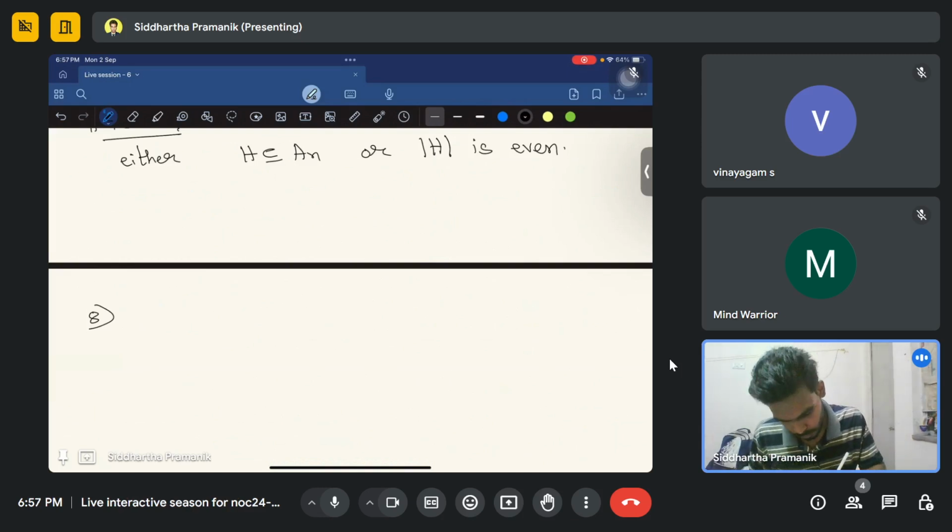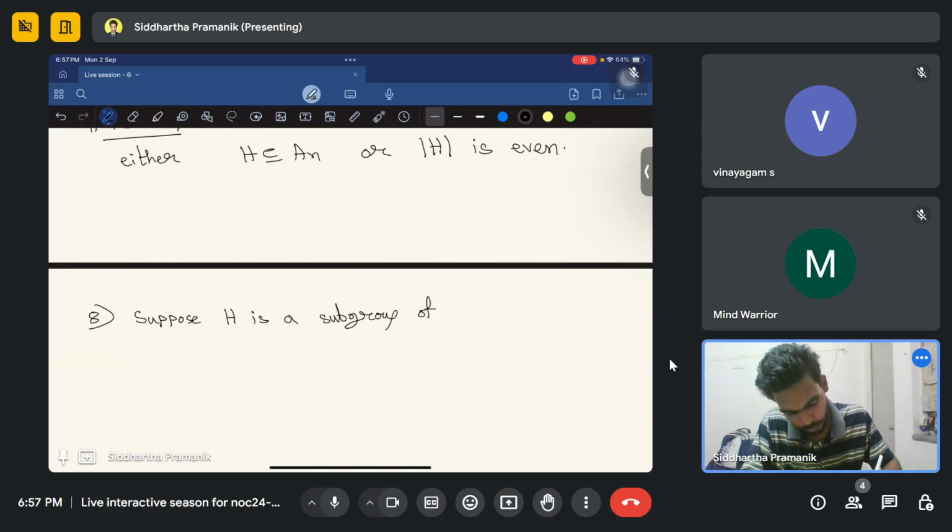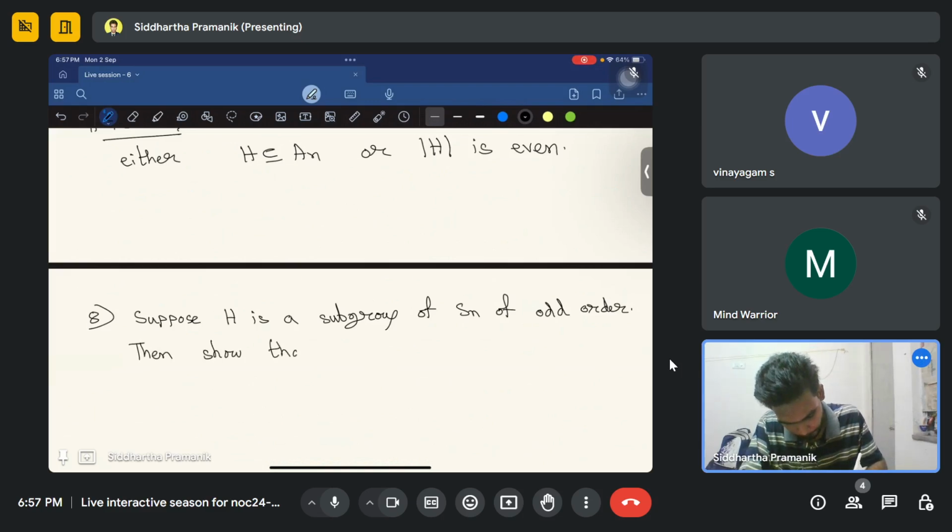Suppose H is a subgroup of Sn of odd order, then show that H is a subset of An.